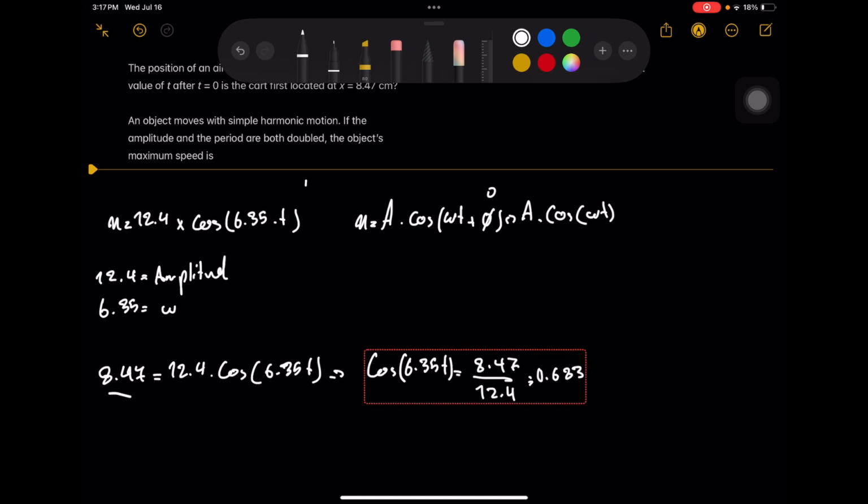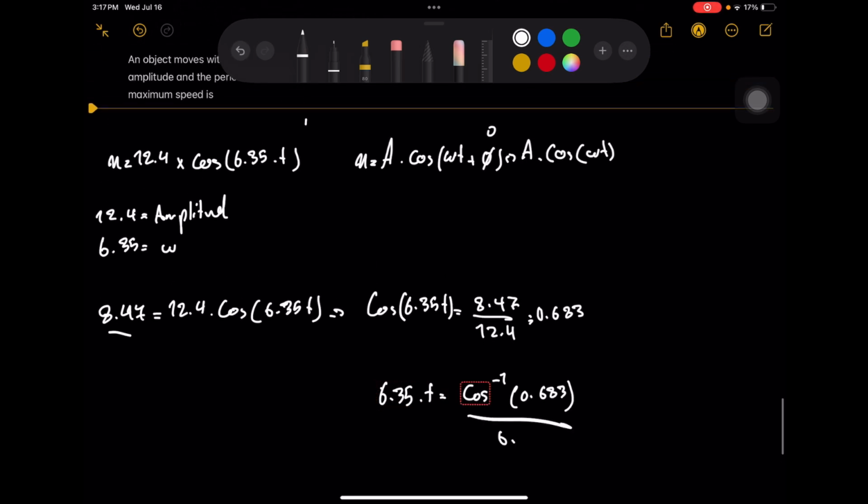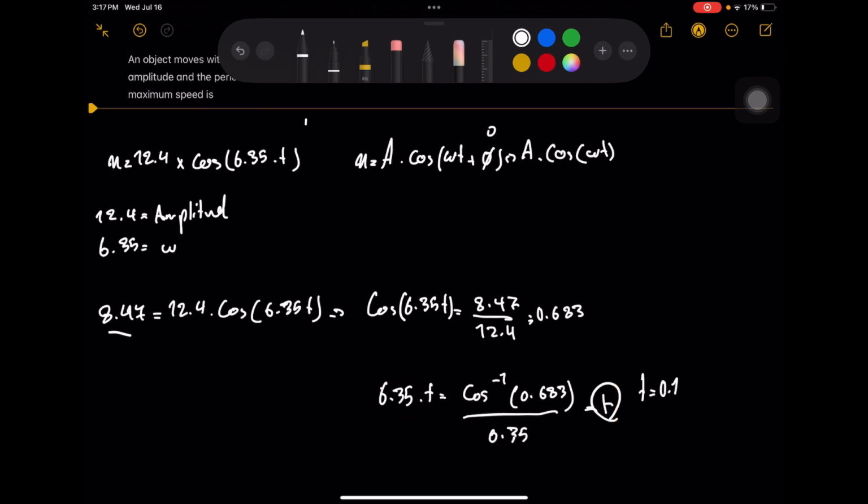Now, 6.35 t equals the inverse cosine of 0.683, and then this number divided by 6.35 gives us the value for t, which will be t equals 0.129 seconds, and that's the answer.